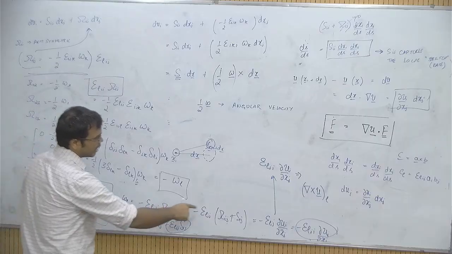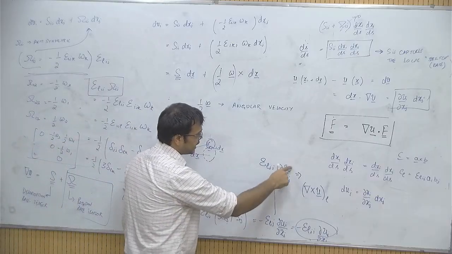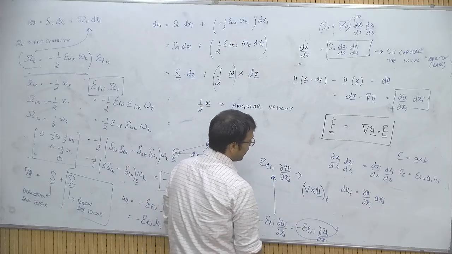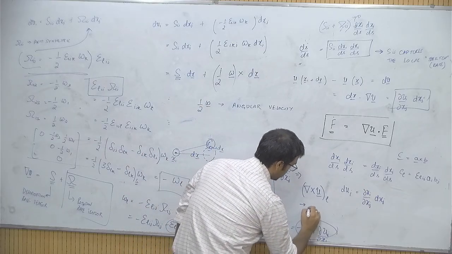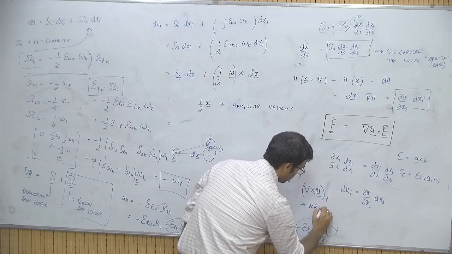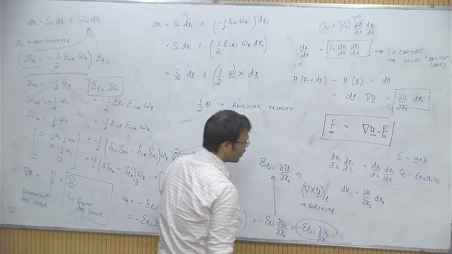This is how you write omega L, epsilon Lji del ui by del xj, and this has a very specific name in fluid mechanics: it is called vorticity, or the vorticity vector.